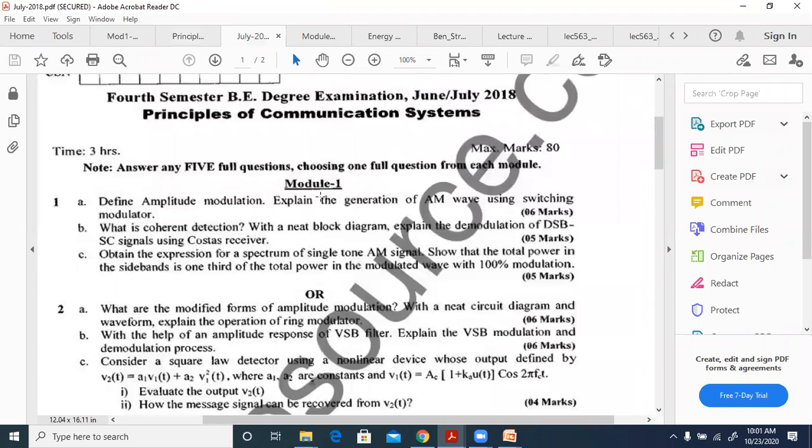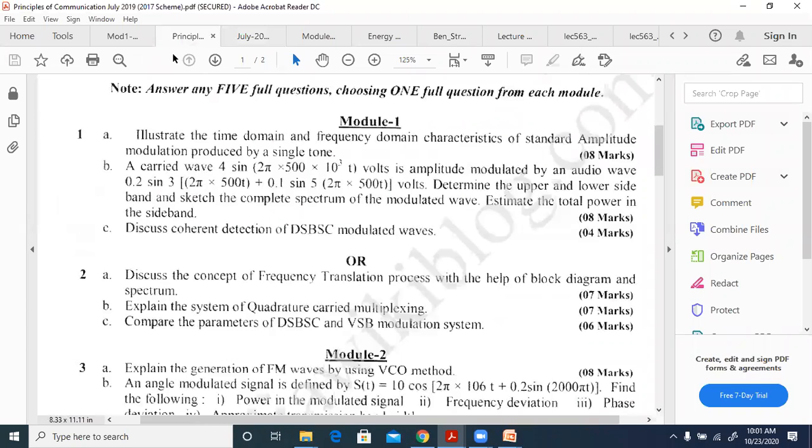Now let us go to the next question paper. Have we finished with that question paper? No, I think we have the second question also. Discuss the concept of frequency translation process with the help of block diagram and spectrum. Again, frequency translation is already explained. Then explain the system of quadrature carrier multiplexing. This is also done. Compare the parameters of DSB-SC with VSB modulation.